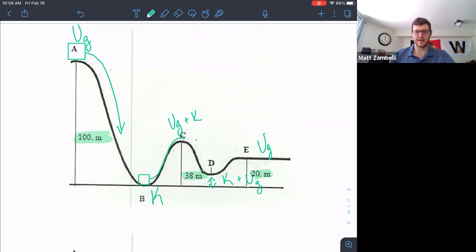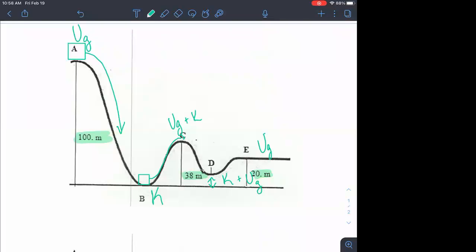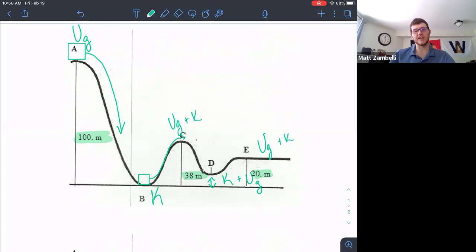Any other forms of energy there? Kinetic also. We still got some kinetic energy here because we're not at the same height as we started, which means there is some gravitational potential energy and there is some kinetic energy. They're still moving. If you've ever been on a roller coaster, you kind of come to a slower, and then finally stop at the very end. So that is this part where we're coming to that stop, but we're not there yet.